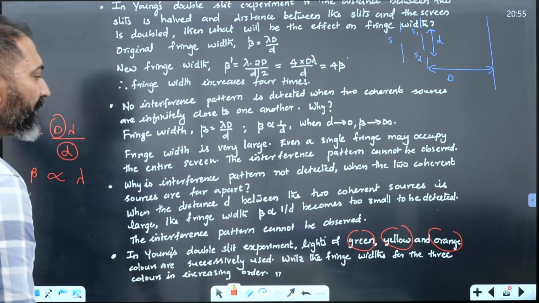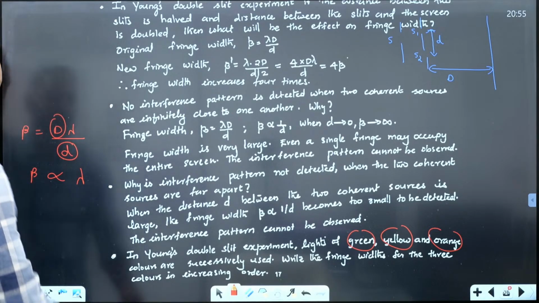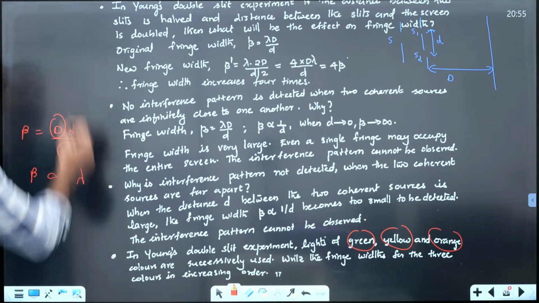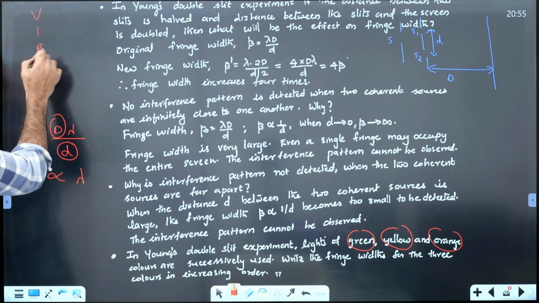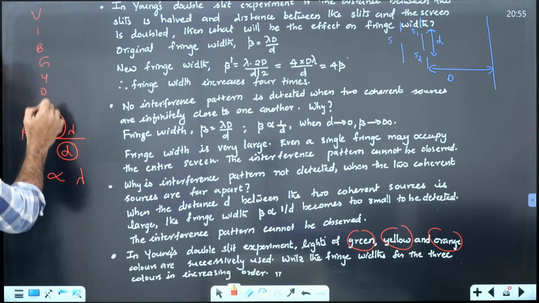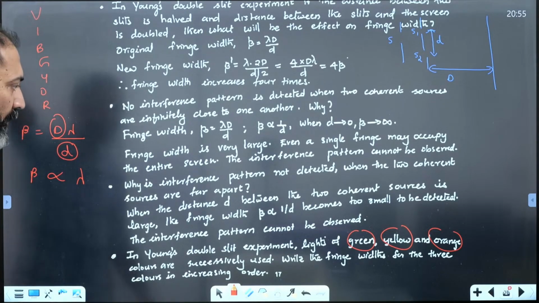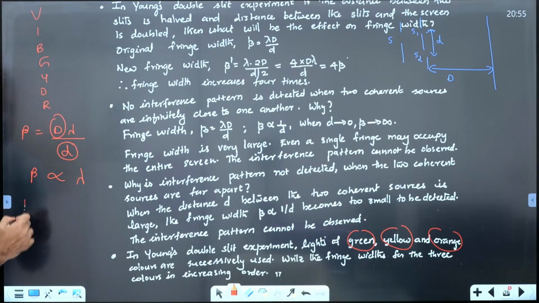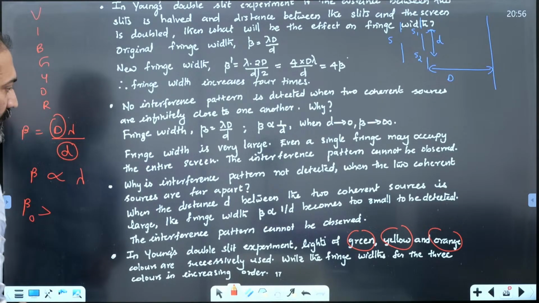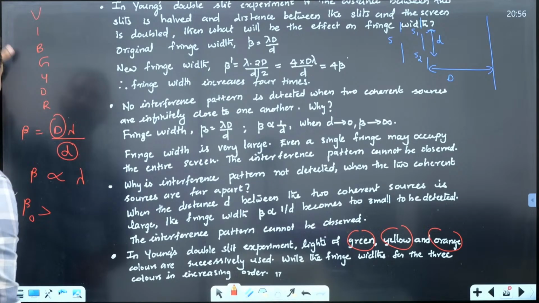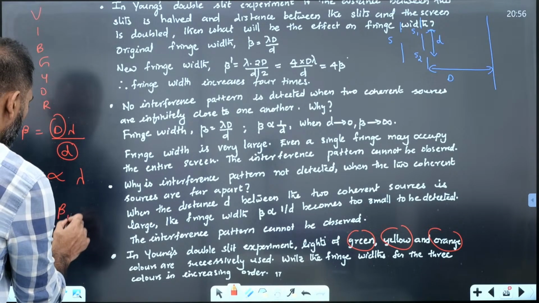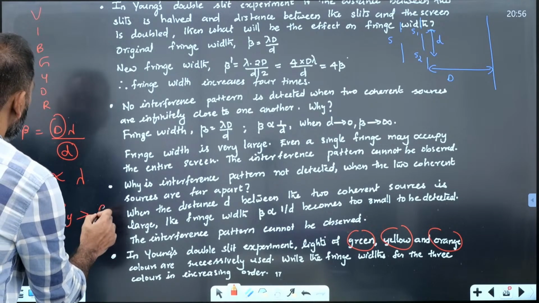Which one has the highest wavelength? When you write lambda in the order VIBGYOR, orange has the greatest fringe width, which is greater than the fringe width of yellow, which is greater than the fringe width of green.